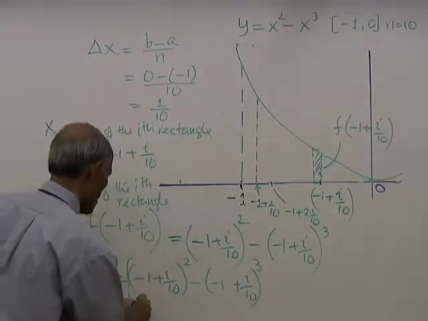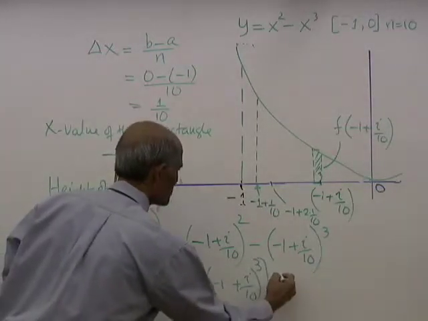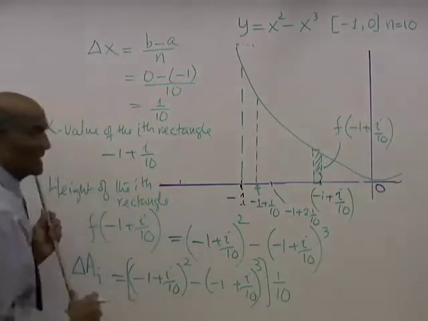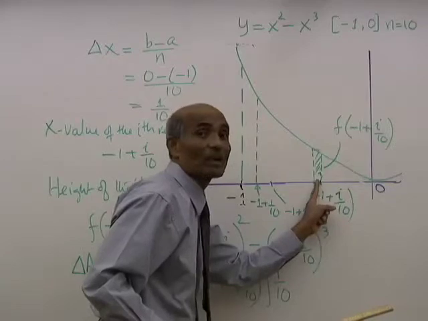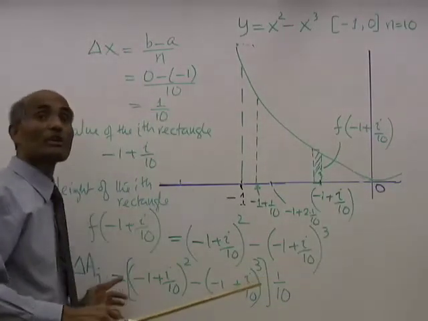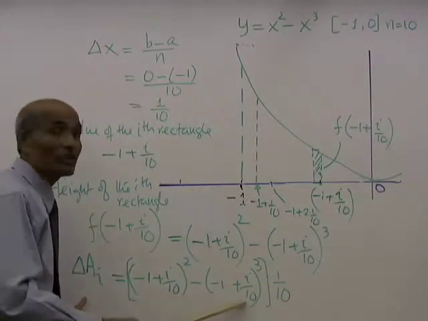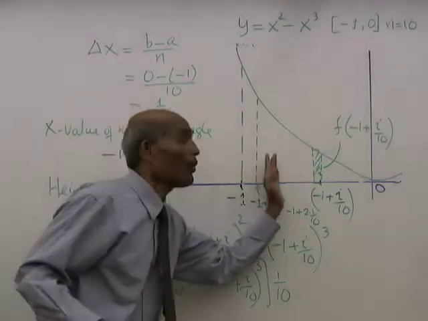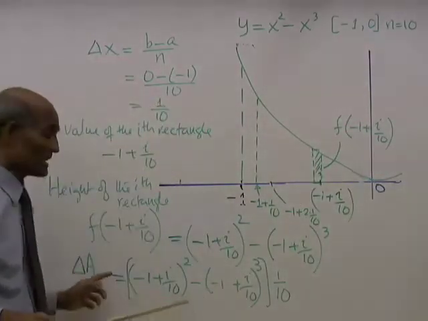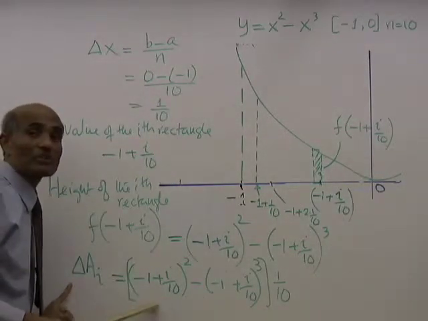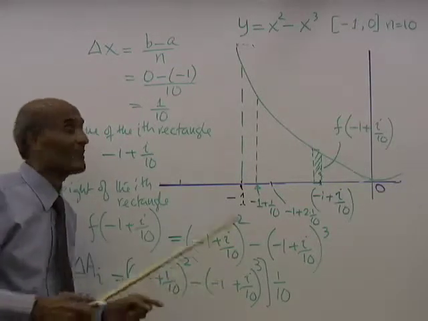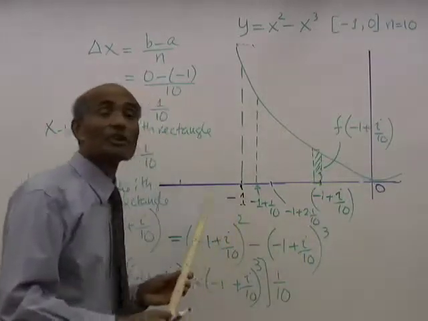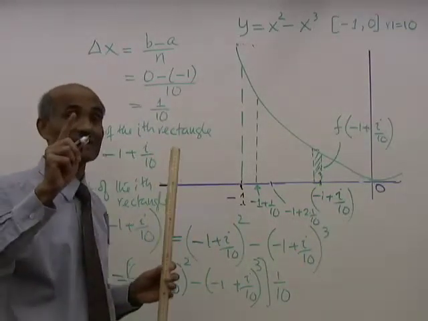Now, all of this multiplied by 1 over 10. That is the area of the ith rectangle. What we now need to do is add this for all the 10 rectangles. In other words, we sum this for i equal to 1 to 10, and that will give you the area using the right side. Is that right?